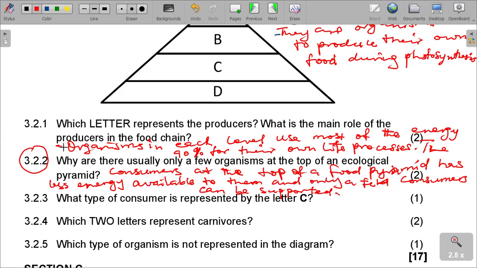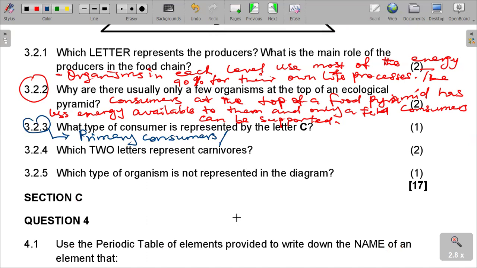So what type of consumers are represented by C? Question 2. C represents primary consumers. You can say primary consumers.